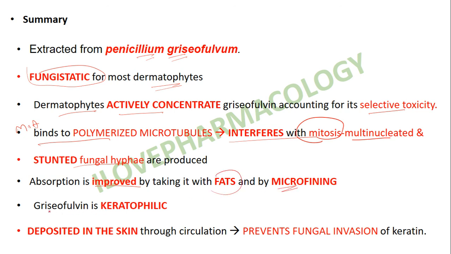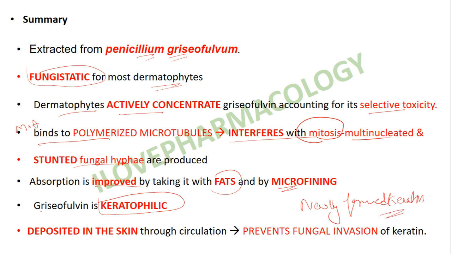And remember, griseofulvin mainly gets deposited in the keratin-forming cells like skin, hair, and nails. That's why it is called keratophilic. It gets deposited in the skin through circulation and prevents fungal invasion only in the newly formed keratin.